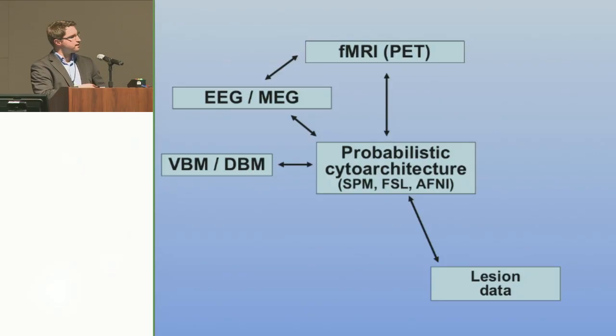Whether it's lesion data with voxel-wise lesion symptom mapping, morphometry, fMRI, or even if you get data from electrophysiology that's in a voxel-wise MNI space. Anything of that can now be referenced against the same anatomical framework.